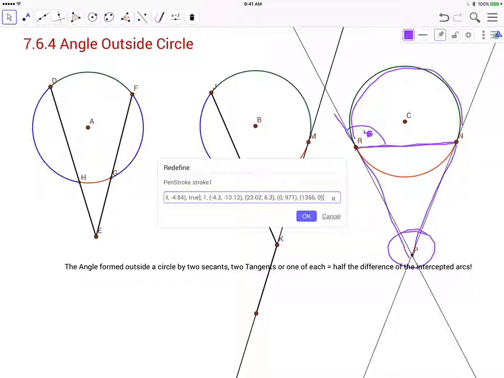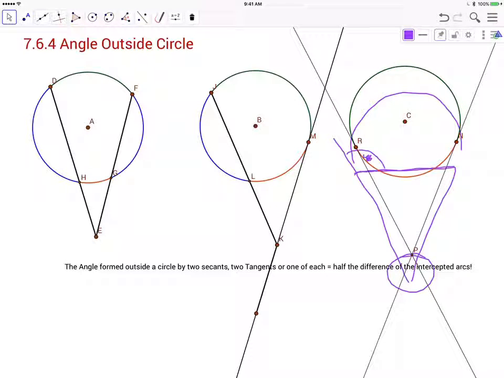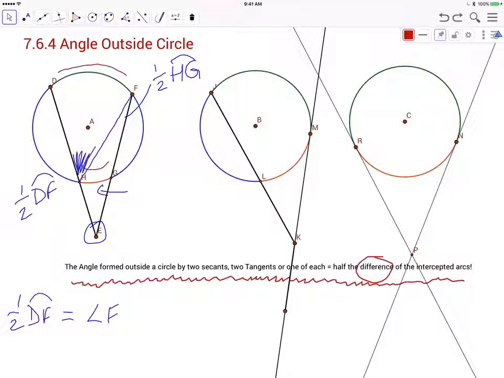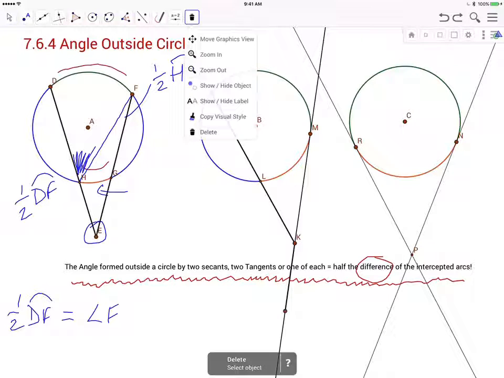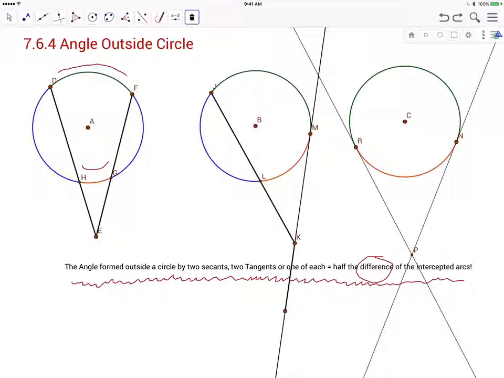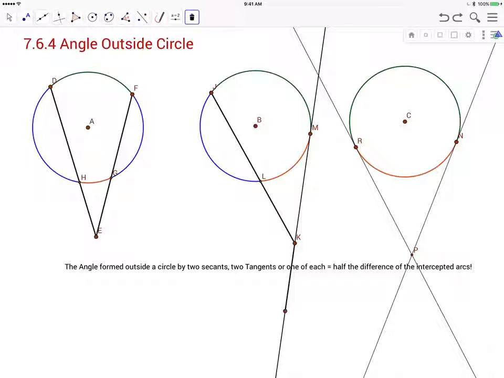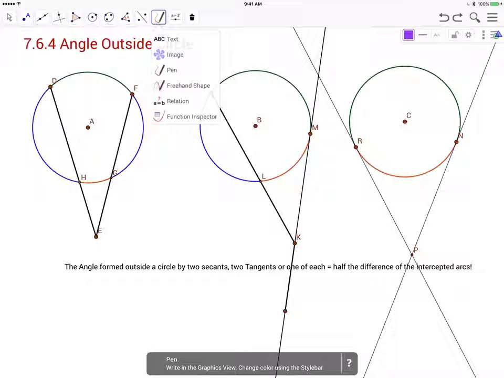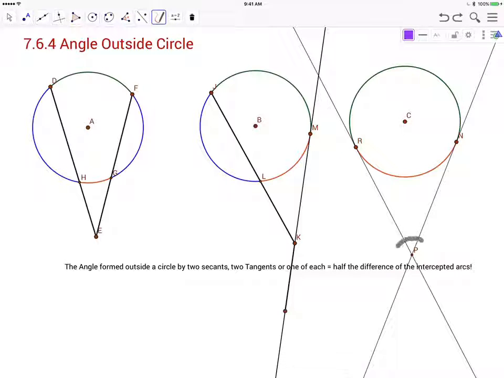Let me get rid of the junk. I'm going to go back and essentially just say at the bottom here that angle P will be equal to half of Rn, the big one, minus Nr, the little one.